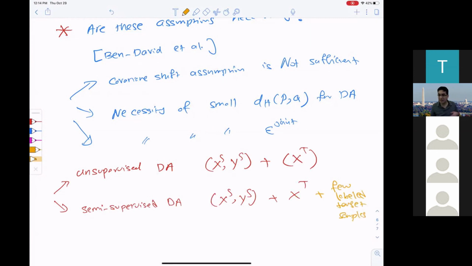These labeled samples are not sufficient to just train a classifier. Maybe you have 1 labeled sample per class or 5 labeled samples per class, but it's interesting to see how we can use these few labeled samples to further improve the performance of domain adaptation methods. And there are some interesting results in this domain as well.